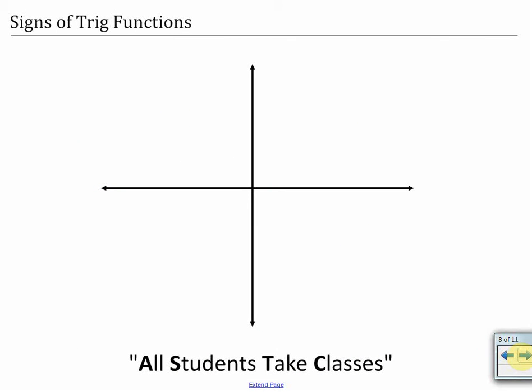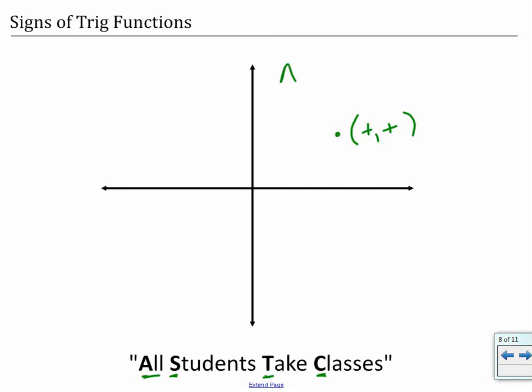If we only memorize the first quadrant of the unit circle, though, we do need to be able to figure out the signs for the second, third, and fourth quadrant. So we have this mnemonic device written at the bottom here. All students take classes. That tells you which functions are positive and negative in each of the quadrants. So if you pick a random point here, whatever it is, both the x and y values are going to be positive.